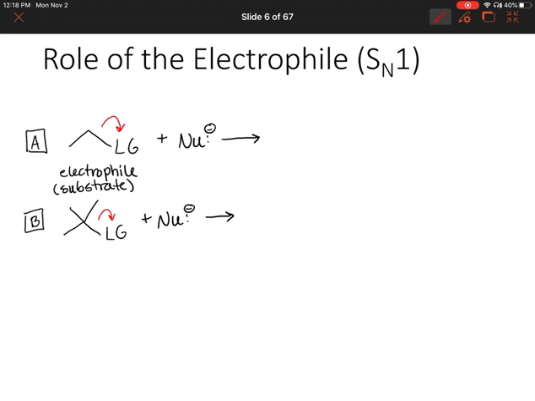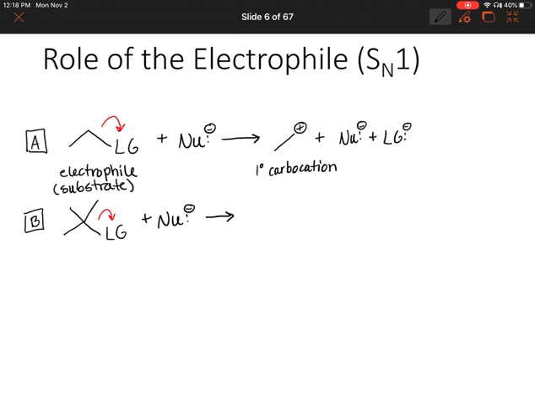So the leaving group leaves first, and then we end up with intermediates. So in reaction A, we would end up with a primary carbocation. And then we would still have our nucleophile, which has not reacted yet. And we'd have a leaving group that is negatively charged.